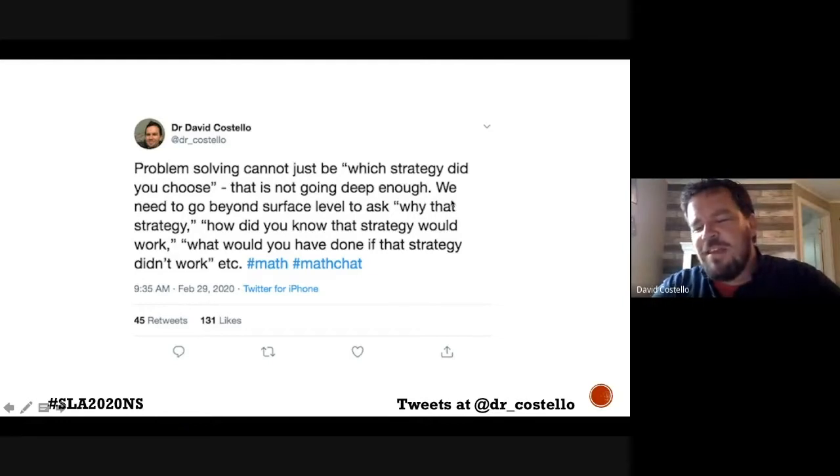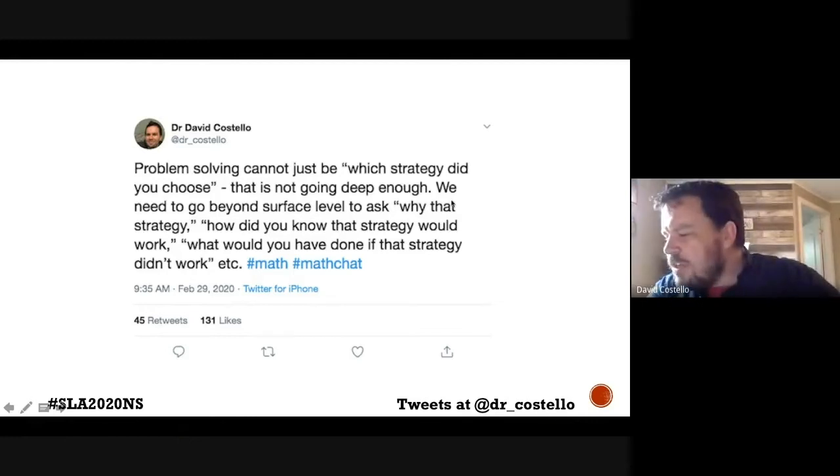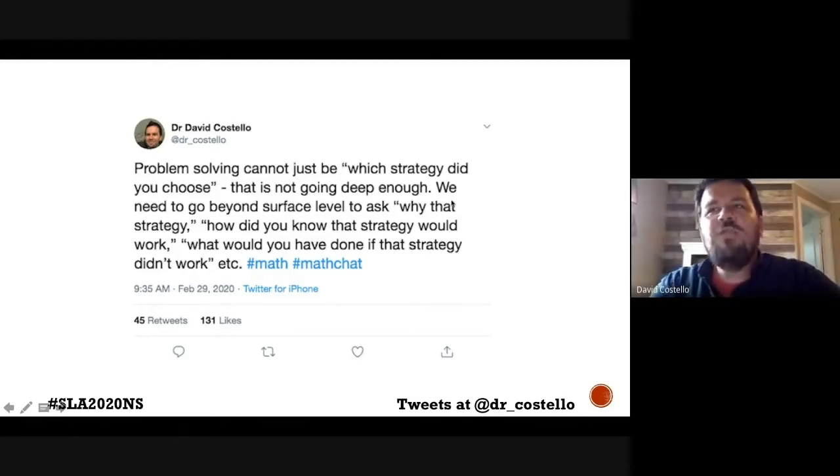And one of the things that I think we need to do more of: if a strategy isn't working for a student or it's not leading them to the solution, it is still a valuable experience, because we can glean from that certain understandings and certain aha moments that can help us make an informed decision for the next strategy.